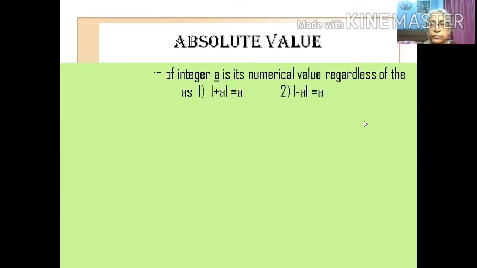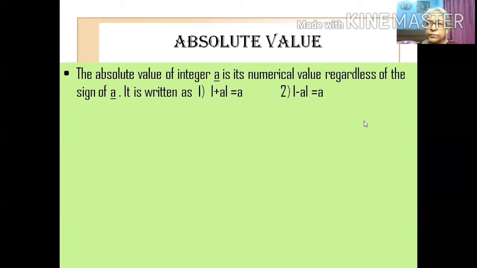Now comes the absolute value. What do you mean by absolute value? The absolute value of an integer A is its numerical value regardless of the sign of A, that is, whether it is positive or negative, its value is A always.